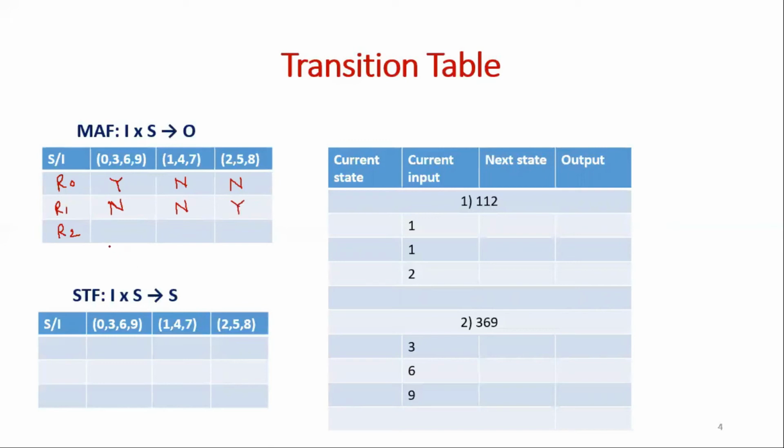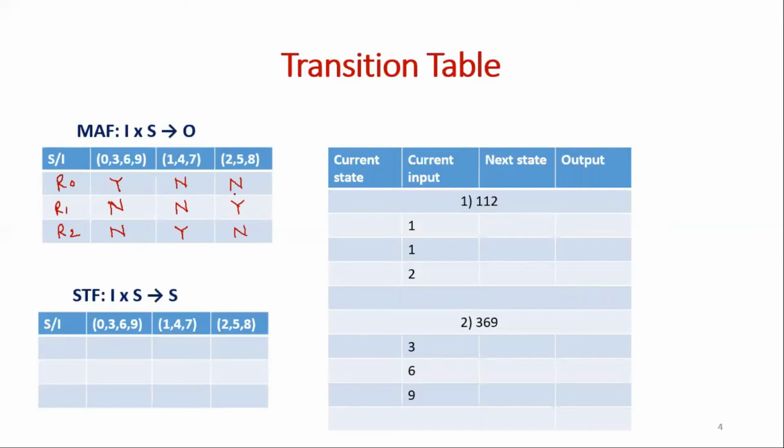Then in R2 state, if input is 0369, output will be N. If input is 147, output will be yes. If input is 258, output will be no.